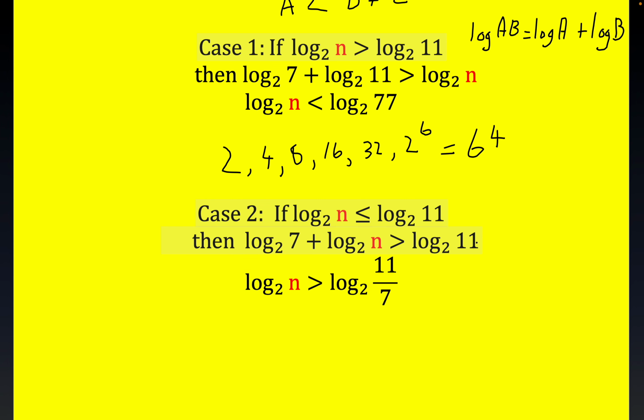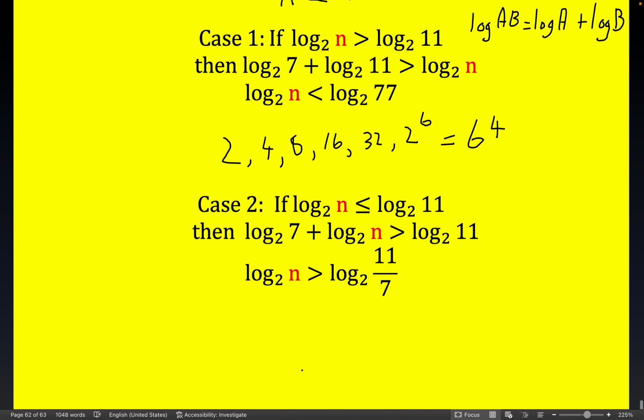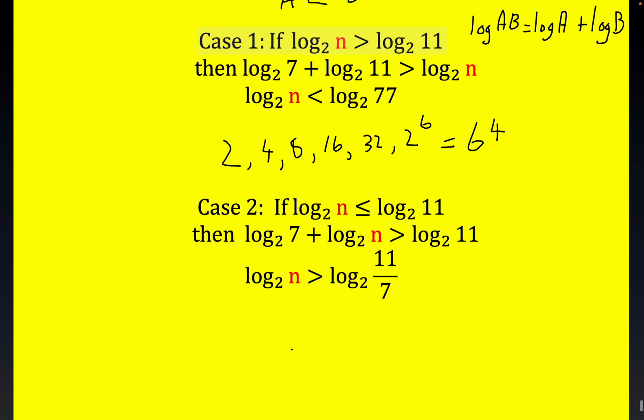But what's the first value of n that's going to fit for this list? 2 wouldn't work, right? 2 is greater than 11 over 7. So you would have to put 4 in here. So you would have to include what in this list?